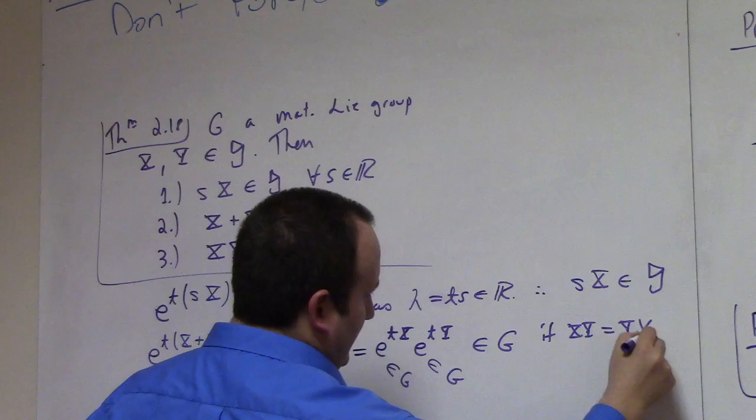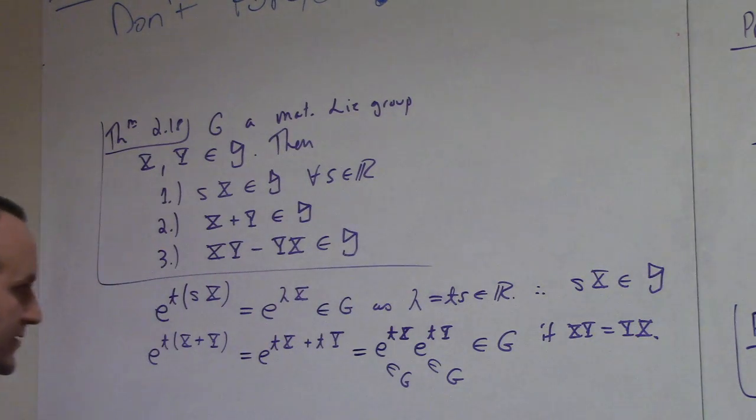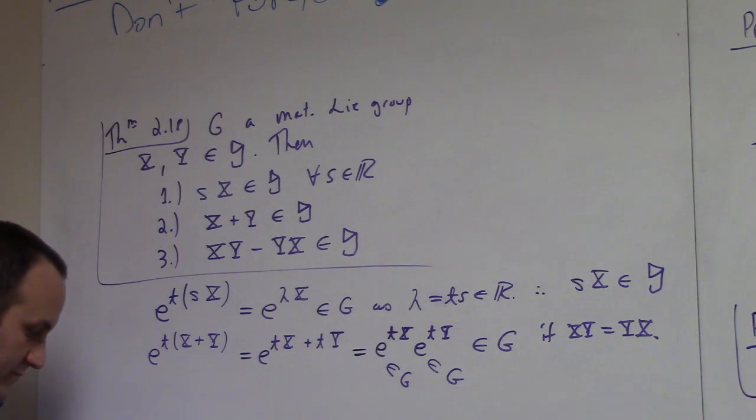If X and Y do not commute, this argument does not work. But that's a very special argument. It's not usually going to work.